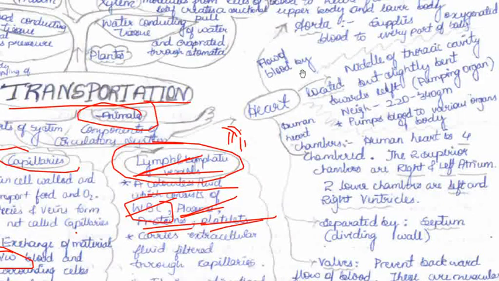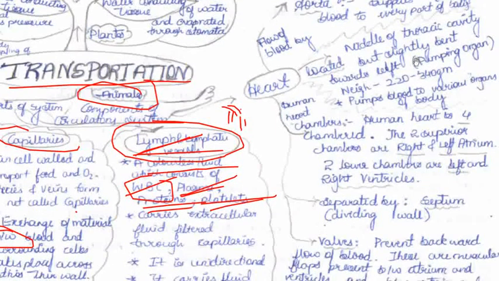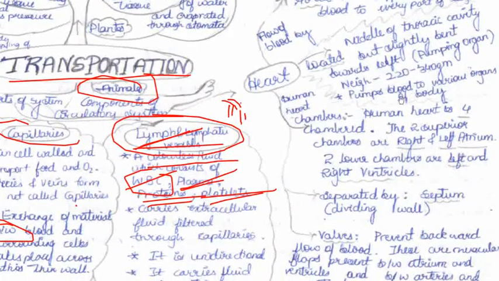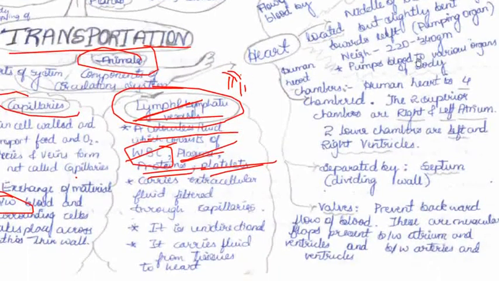It is in the middle of the thoracic cavity, but slightly bent towards the left, and its weight is about 220 to 340 gram. As we know, there are four chambers in the heart. The two superior chambers are the right and left atrium, and the two lower chambers are the left and right ventricles.